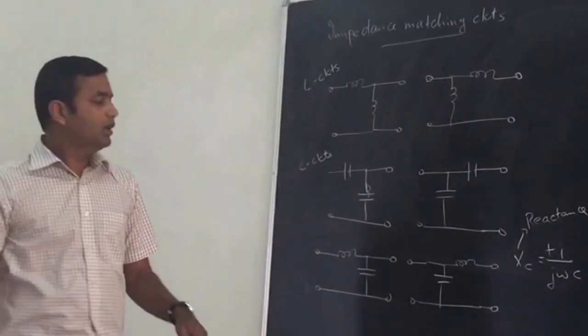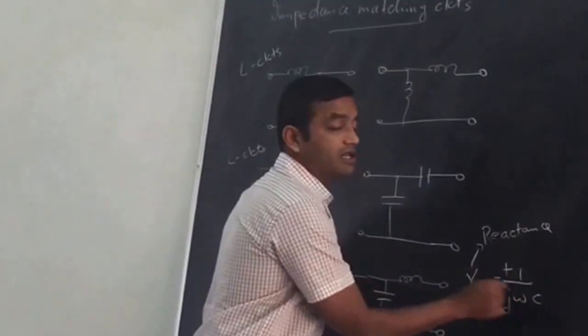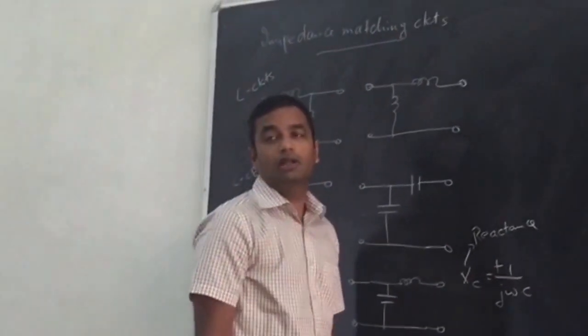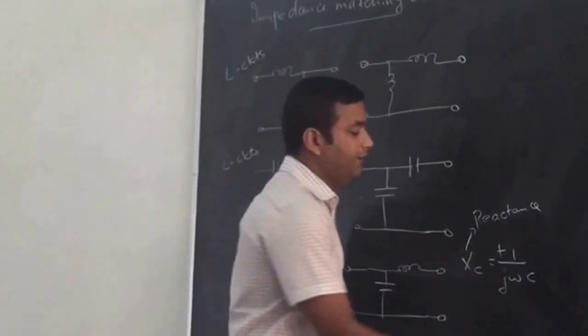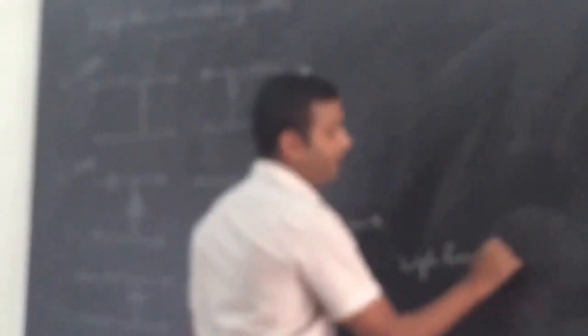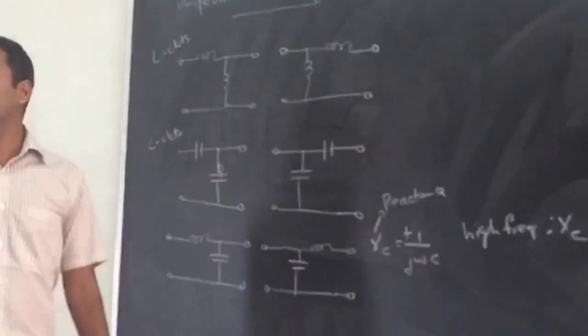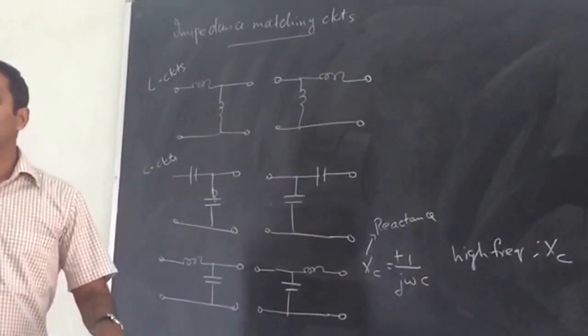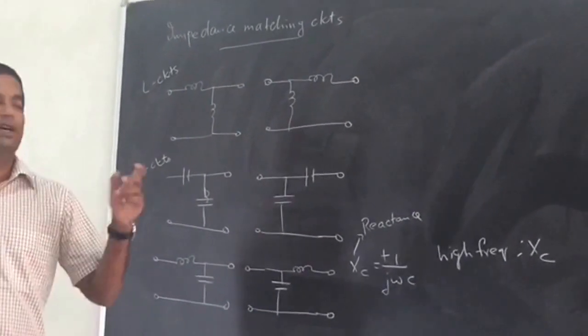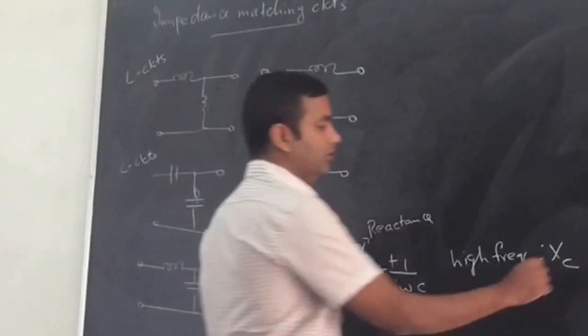Now listen here. What is the relation between F and reactance, inversely proportional or directly proportional? Inversely proportional. At high frequencies, what happens to reactance XC? It will be low. At high frequencies, reactance will be low.